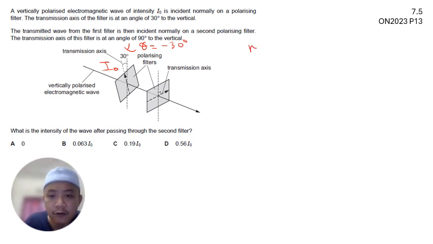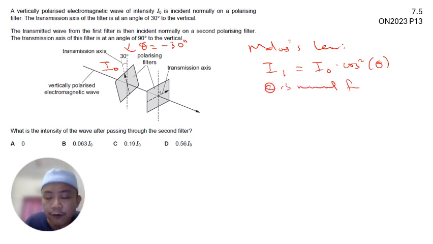So what is Malus's law? Malus's law states that the intensity of our filtered wave I1 will be equal to the original one multiplied by cos squared theta, where theta is measured from the vertical axis of the filter in the clockwise direction.